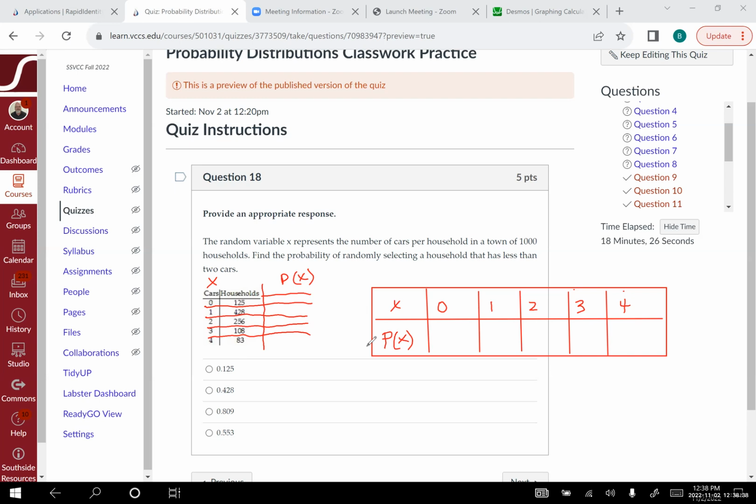You would divide 125 by 1,000. Oh, oops, that's what I meant. Sorry. Yeah. So add up this column. They actually gave it to us right here. But if we added up the frequency column, we'd say, okay, we got 1,000 people in this survey. So the probability of 0 is 125 over 1,000. Yeah, that makes it easy.